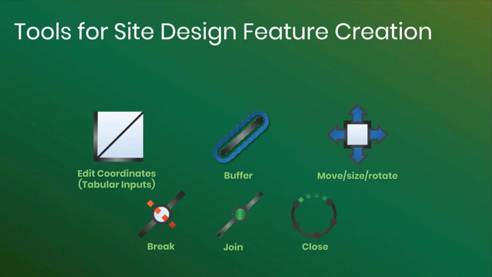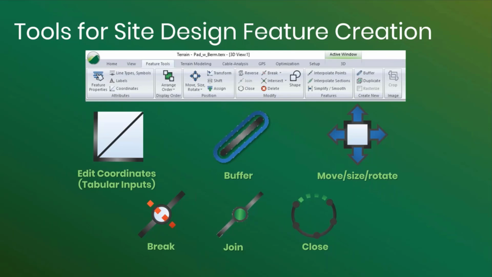And then we've got another fun set of tools: break, join, close, all rather self-evident in their utility, but these allow you to sort of edit by breaking, joining, or closing different features for the creation. And all of these tools, you can actually find them. They're up in the feature tools ribbon of Terrain. Lots of different items in there, even more than we're covering today. But these tools will allow you to start to edit and control what that geometry of the site design features that you're working with, what they look like.